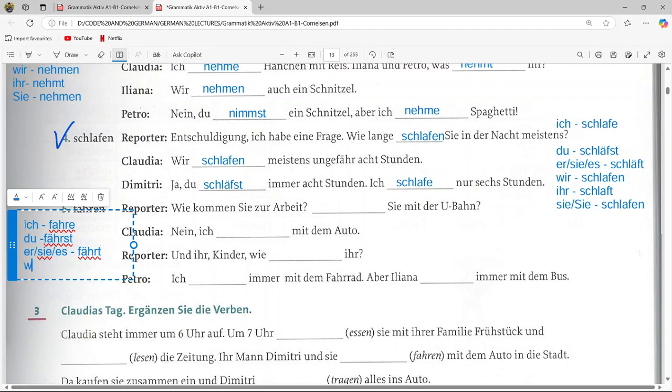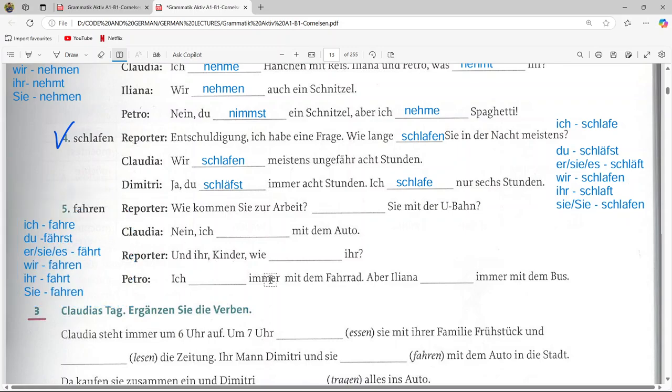For wir it is fahren. For ihr it is fahrt, and for formal Sie or they, it is fahren.